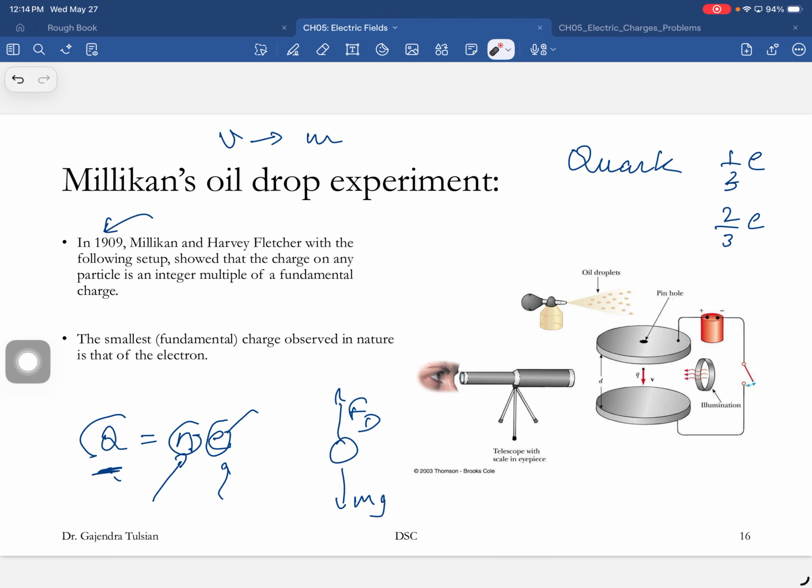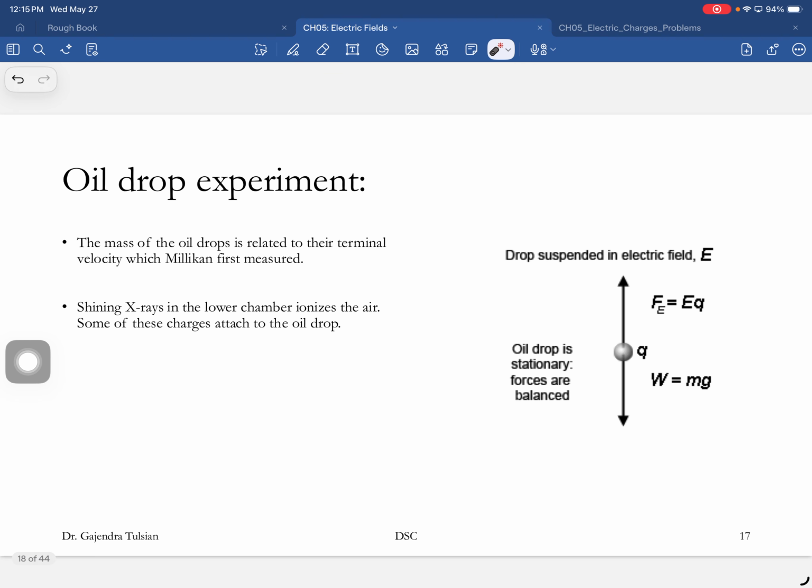And then what Mr. Millikan did is he would shine X-rays on these things. The X-rays would ionize the air, and electrons would stick to the oil drop. And he created an electric field, and the electric field would exert a force on the oil drop in that direction.